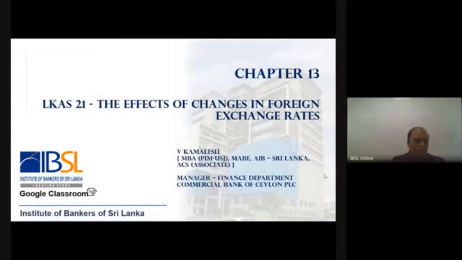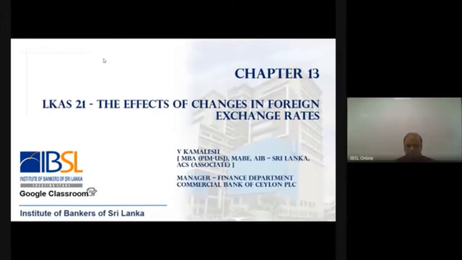Okay. So let's start with the chapter on LKS 21, which talks about the effects of changes in foreign exchange rates. So you know that especially in the case of banking business, we are exposed to foreign exchange. Foreign exchange means foreign currencies, because we have exposures for foreign currencies, especially when you have loans, you might have foreign currency loans which are designated in foreign currencies.